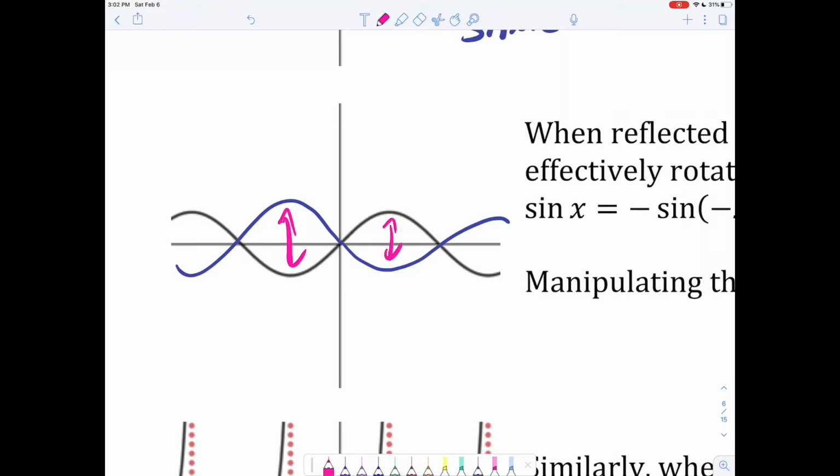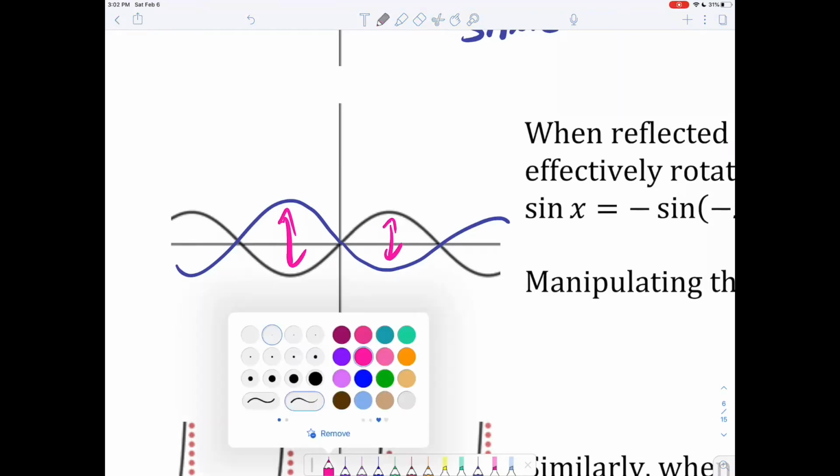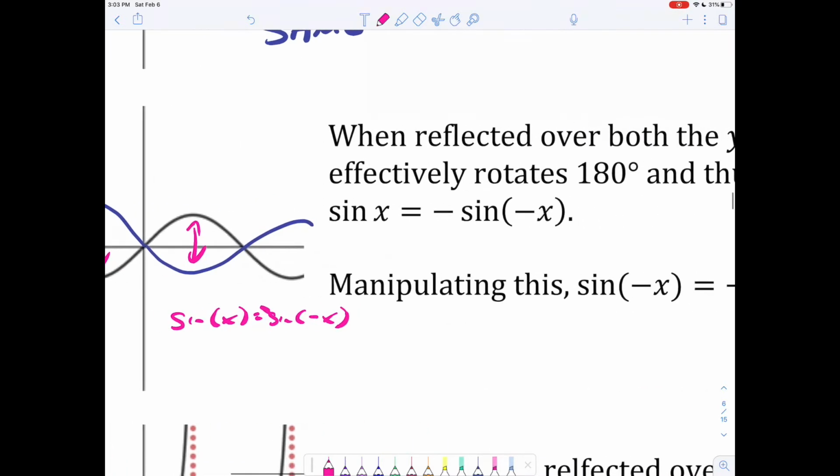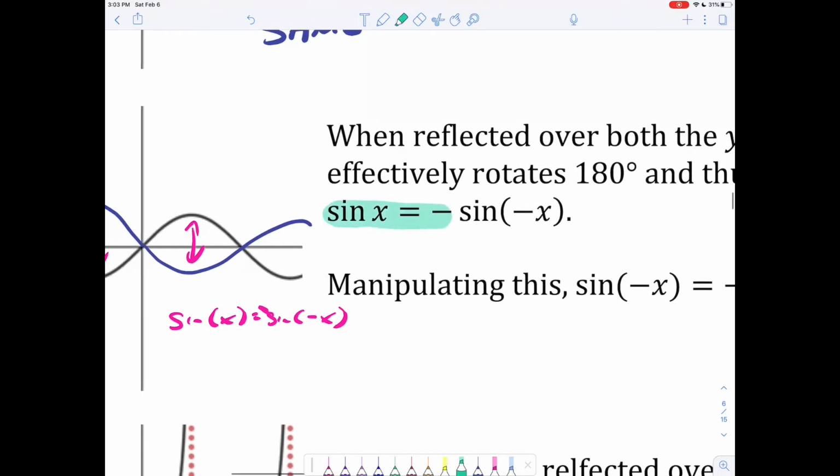So we have to do two flips to it. So we can't say that sine of x is the same as the sine of negative x. We have to do another flip and say that we're putting another negative in front of that. So that's why we can say sine x is the negative sine of negative x.